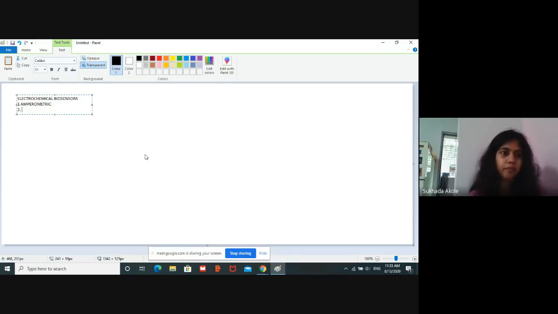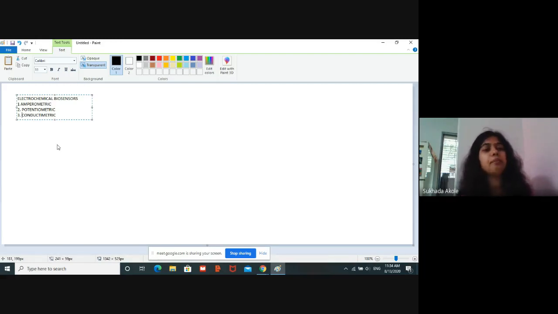Second type is the potentiometric biosensor. Third type is the conductimetric biosensor. So under the category of electrochemical biosensors, we have amperometric, potentiometric, and conductimetric biosensors. We will be looking at all of these one by one now.